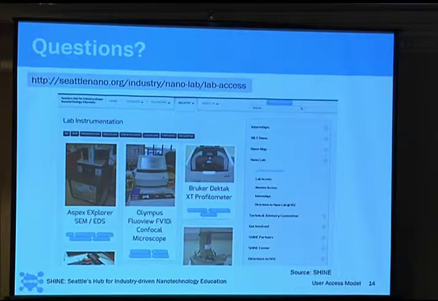In the future, we don't definitely know what's going to happen, and we may change the user access model accordingly, either the fee structure or the length of the contracts or the pieces of available equipment. All of that could be changed based on the results in the next 5 years.